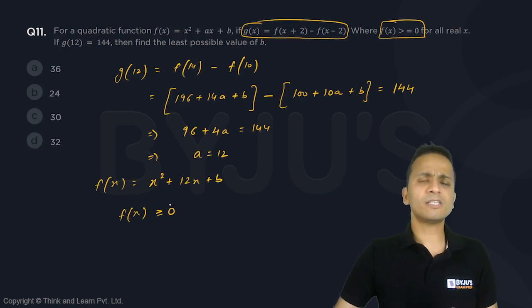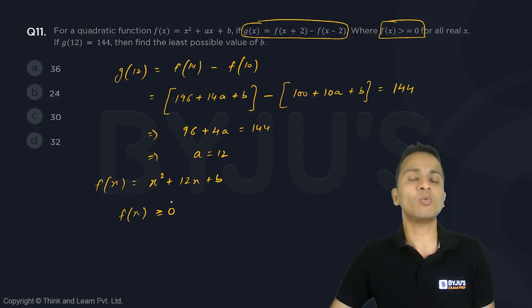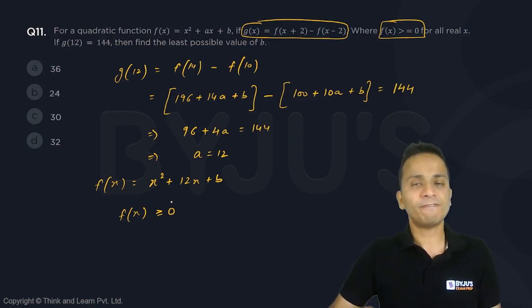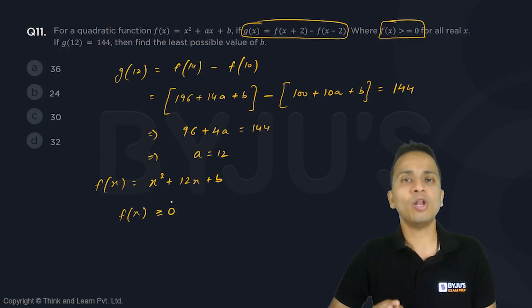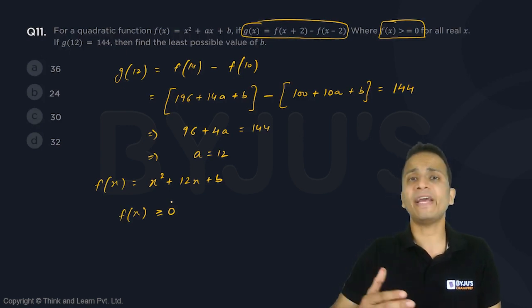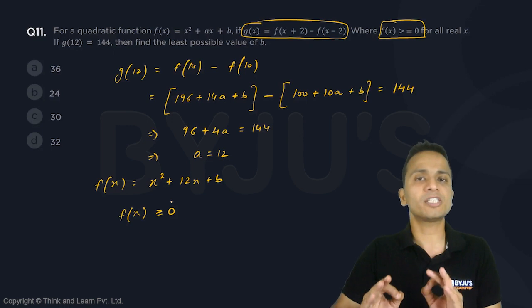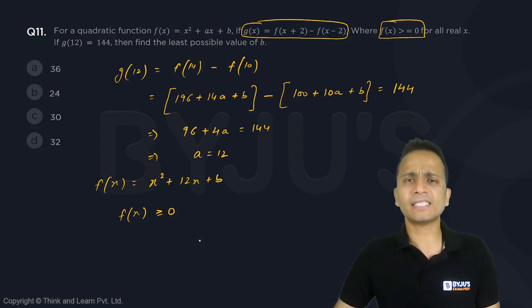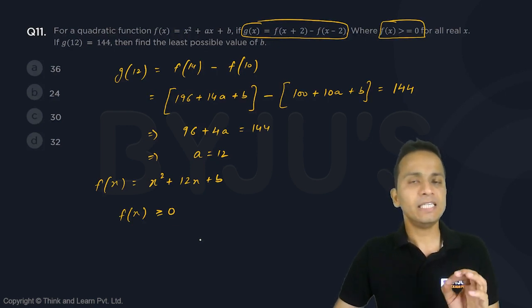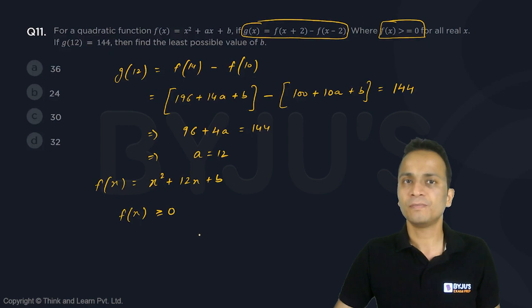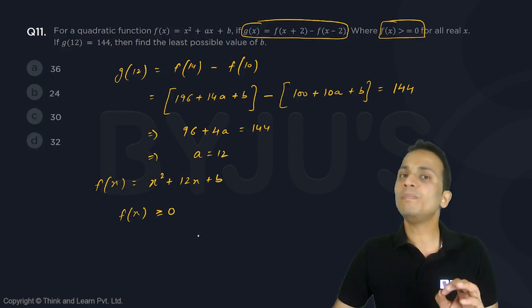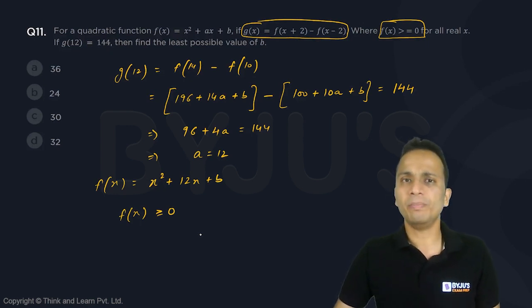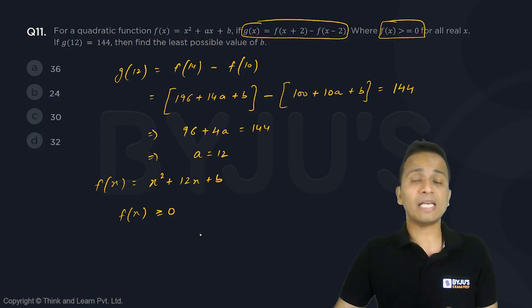Since this is a quadratic function, and its value is always greater than or equal to 0, that means the parabola will always be either above the x-axis or it will just touch the x-axis. That means it will never intersect the x-axis at two distinct points. So we can say that for this function, the number of real roots will be 0 or 1.